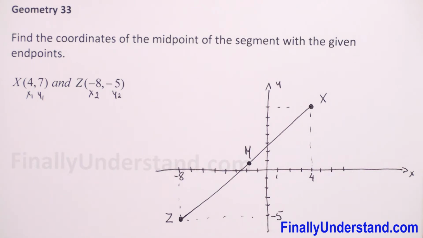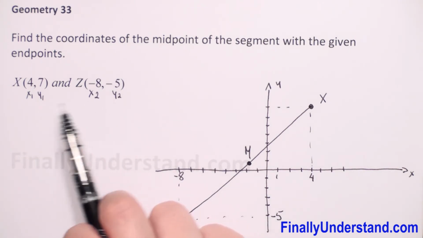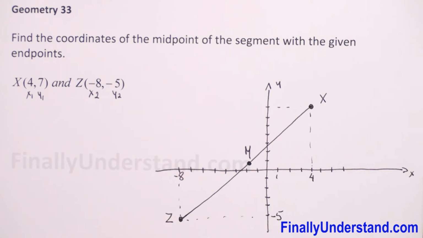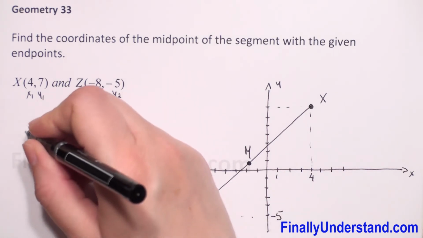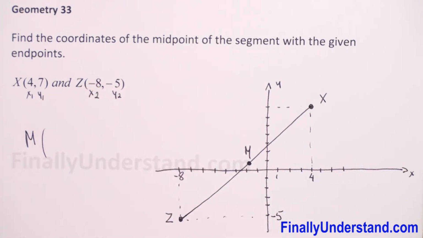We have a formula for the midpoint. Let me remind you, when we have 2 points, we have to find the coordinates of the midpoint of a segment. We have the formula: M is equal to the average of the x coordinates and of the y coordinates of the endpoints.